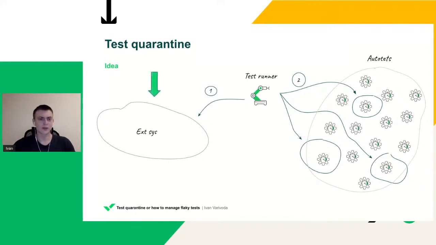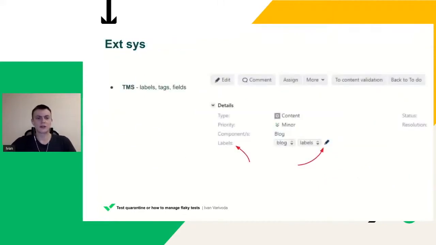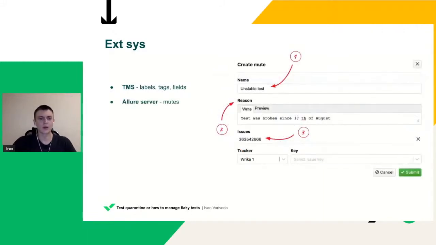Let's look at the external system in detail. The external system can be your test management system. Usually this system has labels, tags, fields, or other things which you can use for marking up your tests. In our case, we have Allure server as the test management system, and this TMS has an entity like mute, so we can create a mute with a name, a reason, and some issue ID, and link this mute to our test case.